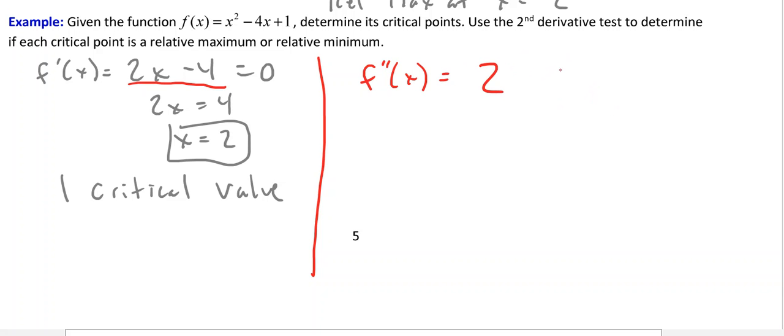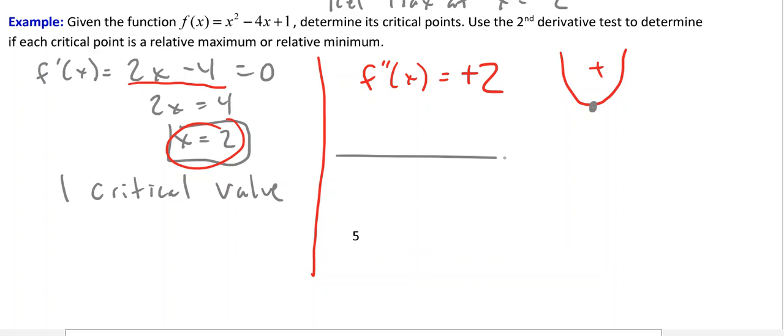So there is no point of inflection. In a previous video, I explained that if the second derivative is a constant, and this constant is positive, that means it's always concave up. And if it's always concave up, that means that this point must be a minimum.